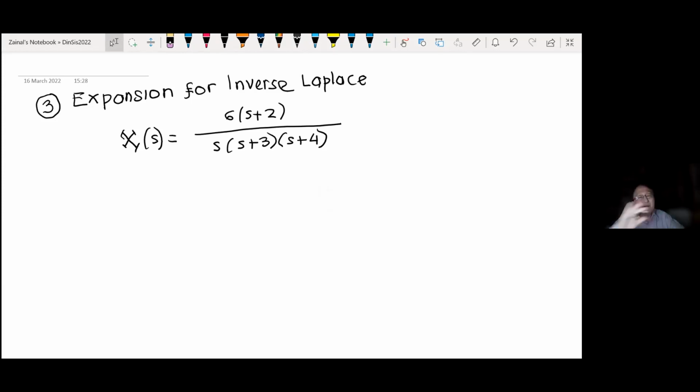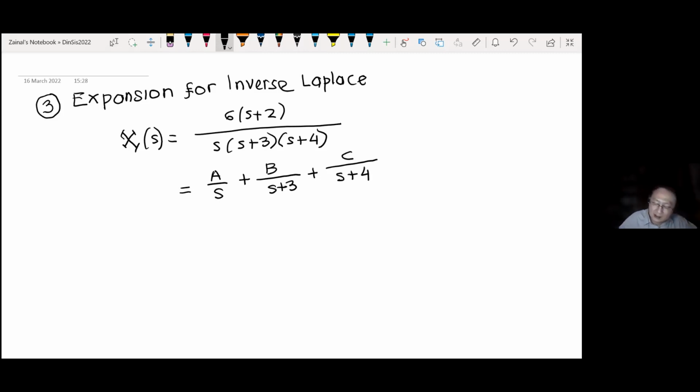You have to simplify, you have to expand so that the term becomes simple enough to find in the Laplace table. The expansion becomes A divided by S plus B divided by S plus 3 plus C divided by S plus 4.